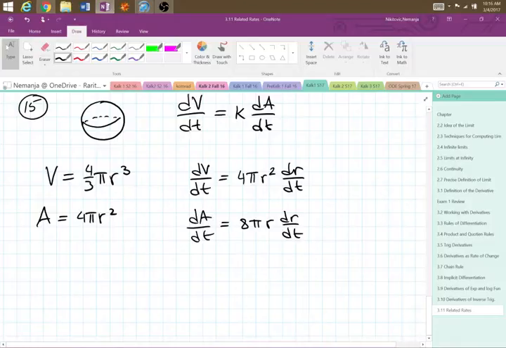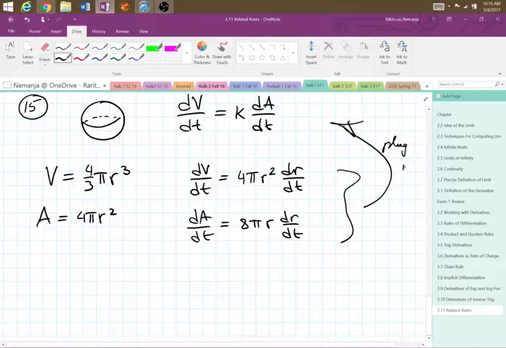So now plug in, and we have that dV, so it's 4 pi r squared dr/dt is equal to 8k pi r dr/dt.